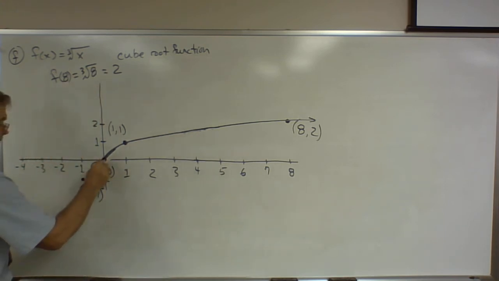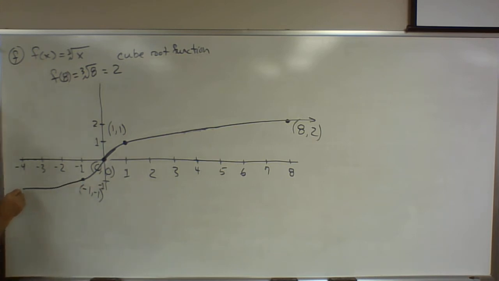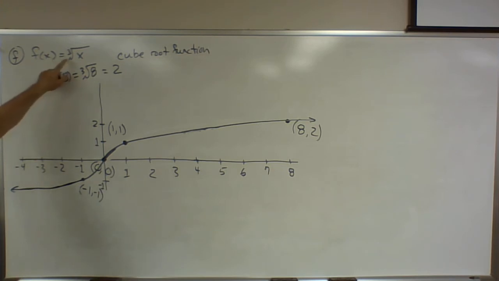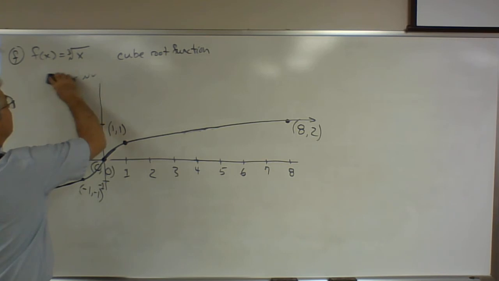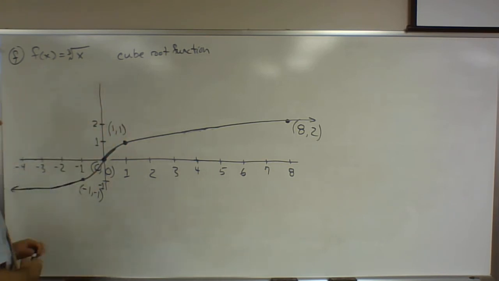And on the other side of the y-axis, the same kind of thing is going to happen. So this is the graph of f of x equals cube root of x. Memorize it, know what it looks like.